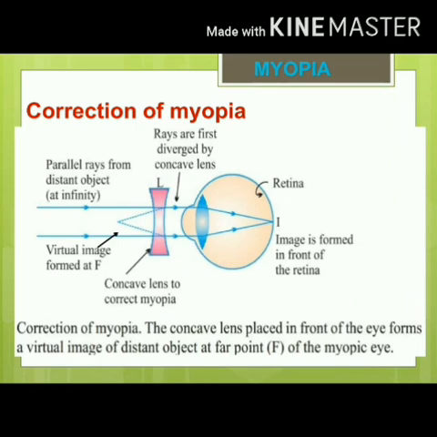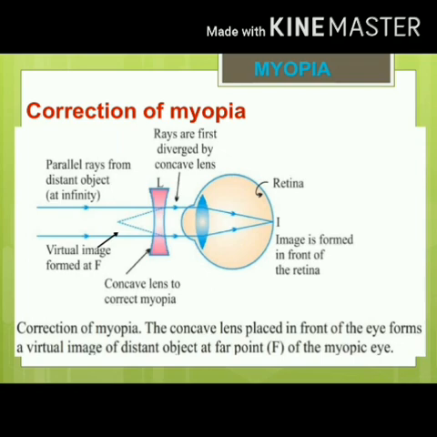So what is the correction? For the correction, what do we have to do? We have to somehow bring the object at infinity under that newly found far point. So we are using here a concave lens. What does the concave lens do? A concave lens makes a virtual image. This virtual image is drawn using a dotted line.